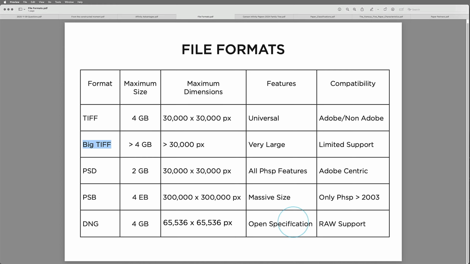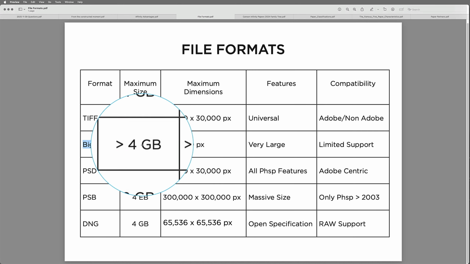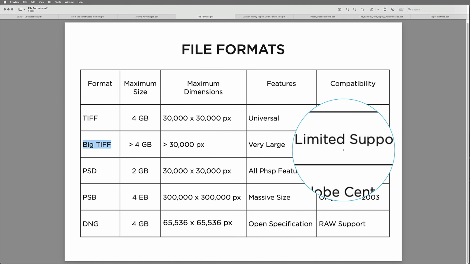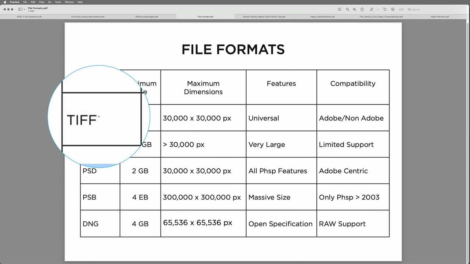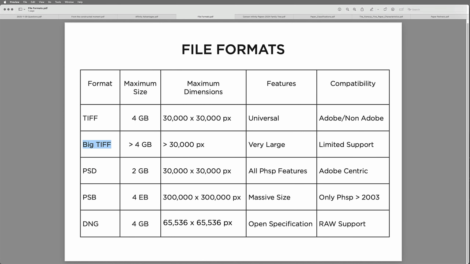Big TIFF though, even though it's capable of extraordinary large files, both in pixel dimensions, but also in bits, it's quite limited support. And even though contemporary TIFF file formats can save a lot of things we do in a program like Photoshop, masks and transparencies and things like that, they're not always equally well supported in non-Adobe products, although to some extent they are.